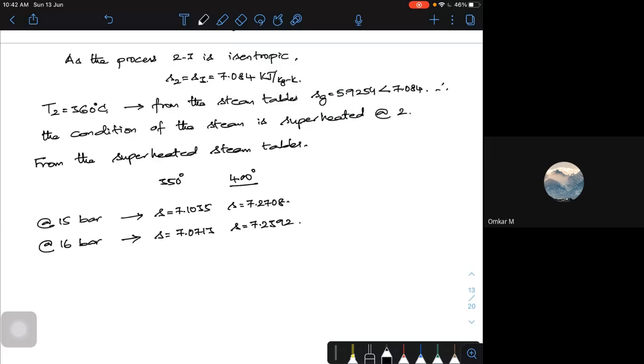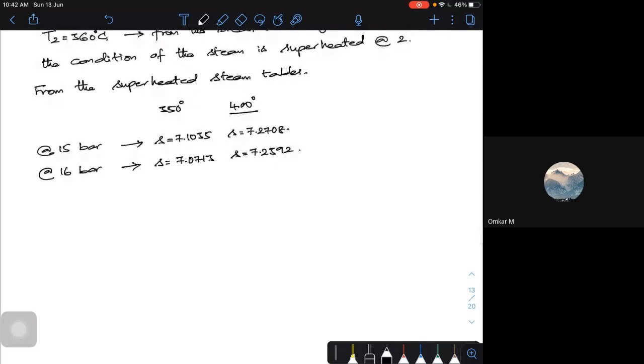So this is what I have with respect to your entropy. Now what are we supposed to find? What we need is at 360 degrees Celsius. At 360 degrees Celsius, I know the value is 7.084.